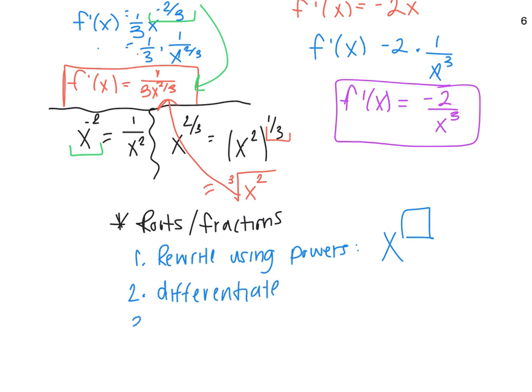Then when you're done, remember we need to rewrite it back to fractions or roots like we did here. We applied the power rule here, and then we had to rewrite it as the fraction instead of x to the negative 3rd.